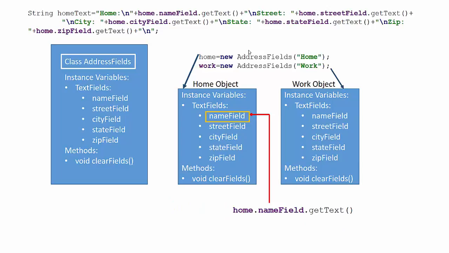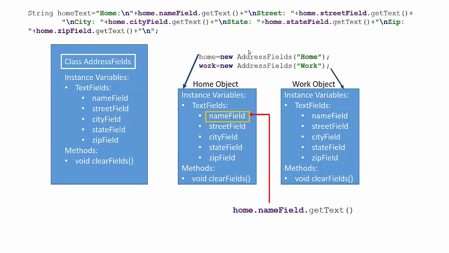So when I do home.nameField, it's going to access the nameField text field from the object called home. At that place, it has access to that text field, so I can do .getText. That's calling the getText method from the JTextField class.